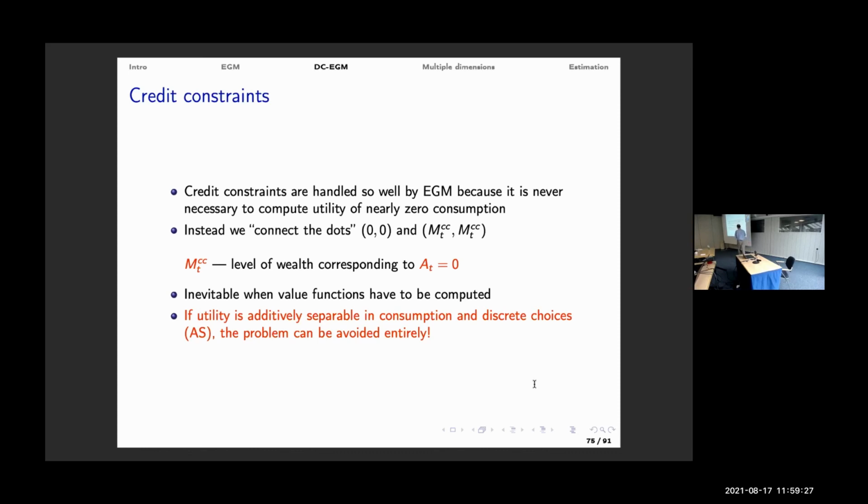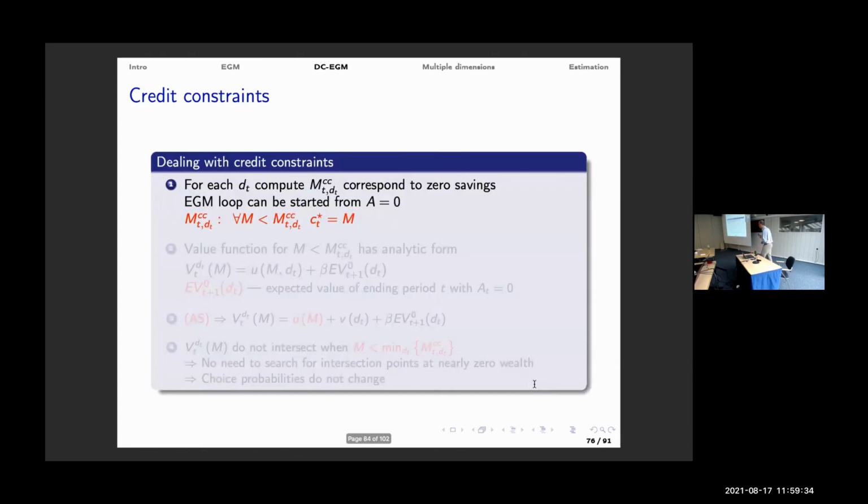If we have the additive separability in consumption and discrete choice in the utility function, then the situation that we're in is this. We can calculate this MCC, the boundary of the credit constraint region. We can calculate it for each discrete choice, right? We know that the value functions have an analytical solution to the left of it. And the analytical solution looks like this.